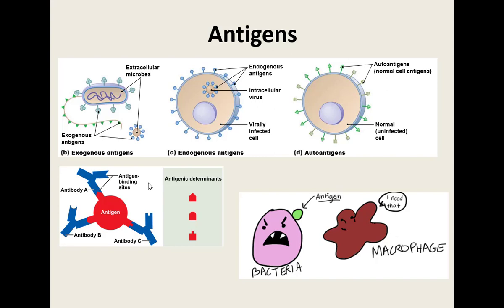You have carbohydrates that stick up on the outside of our cells. Our immune system has to be able to recognize those as normal. We have different structures that stick out on our cells that are found in our cell membrane. Again, our immune system should be able to recognize those as normal objects. Normal structures, normal antigens that are supposed to be on the outside of our cells. Again, if you start to have immune system disorders that would recognize those as foreign, it would start to kill our own cells.